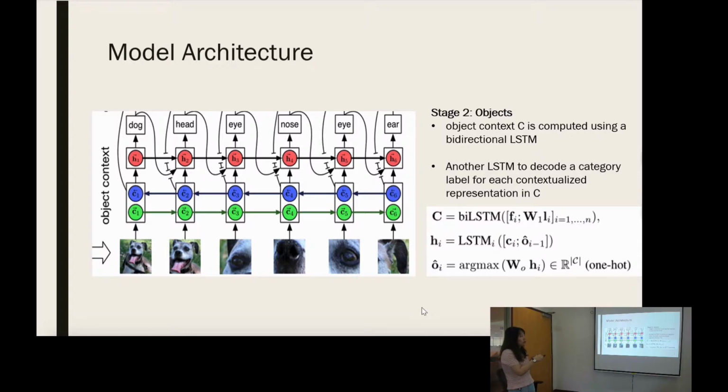Then we can send it to the next stage of edge prediction. Using this bi-LSTM, we can do the prediction of the object in this context. After passing the LSTM, we use another one-directional LSTM to predict the objects, and the bidirectional LSTM is used to encode the information. So this part gets the global information and the local information.